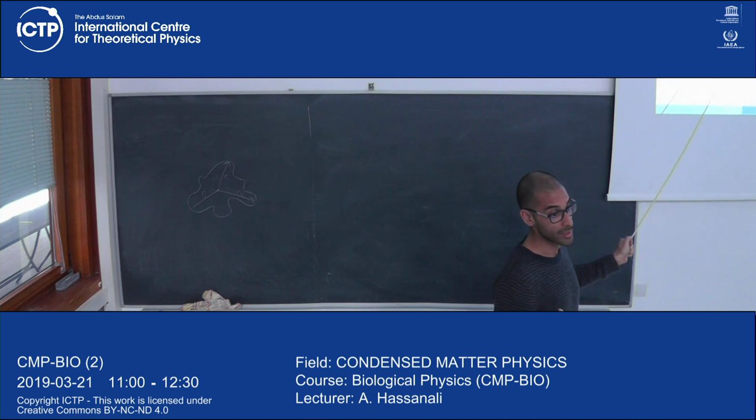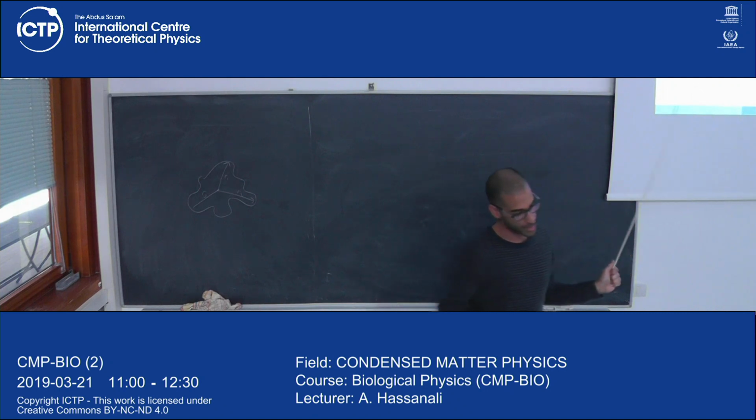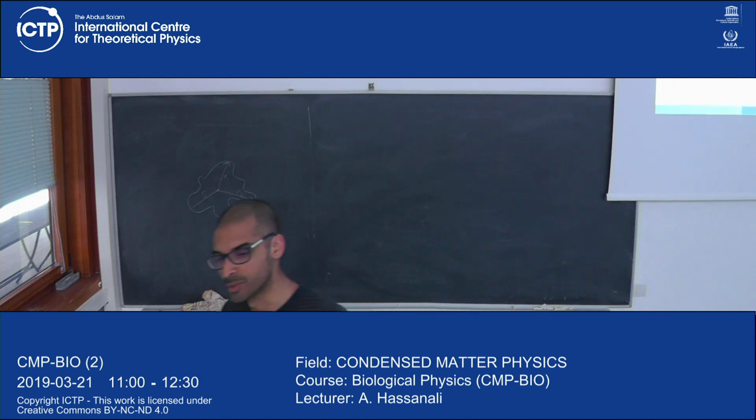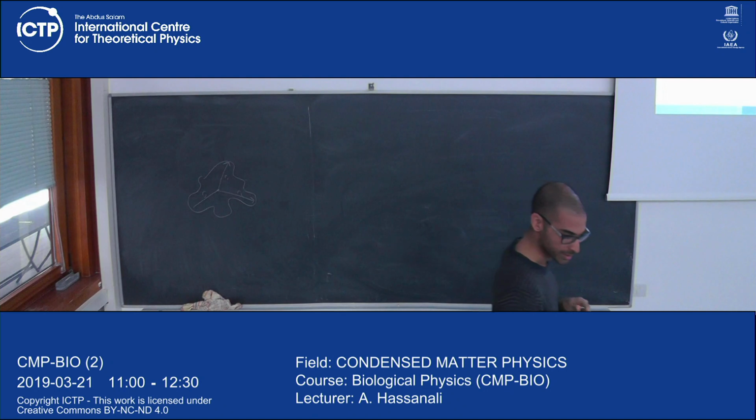That length scale is nanometer or angstrom. And it's only on this length scale where you get piconewton sort of fluctuations. And this is an important point that we're going to address in more detail.